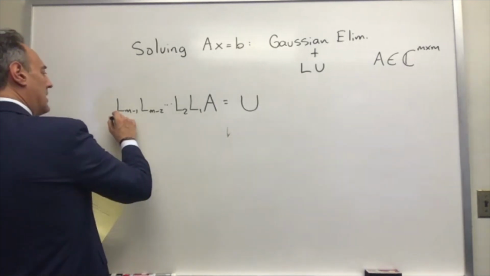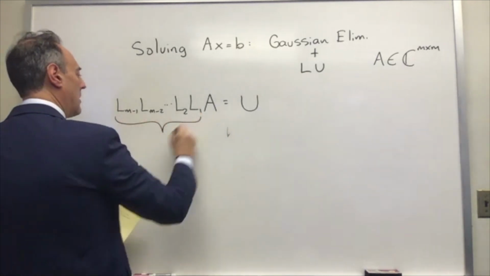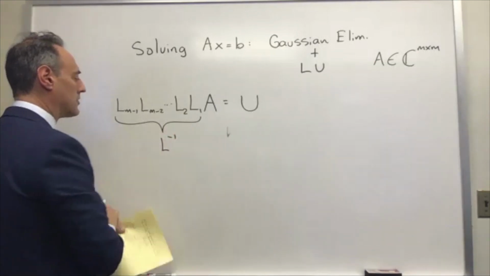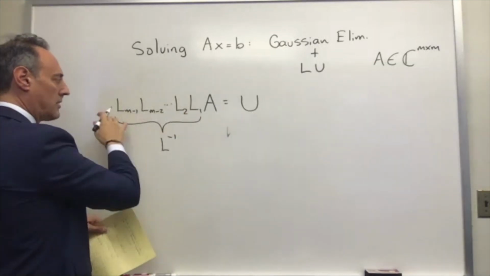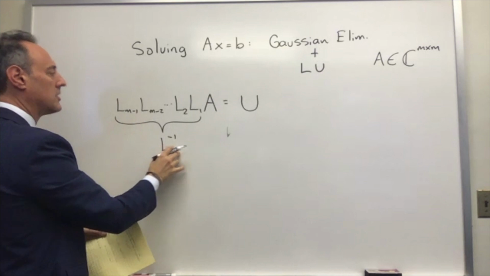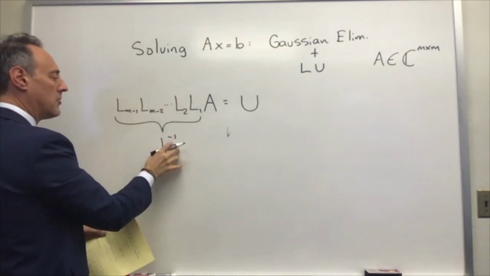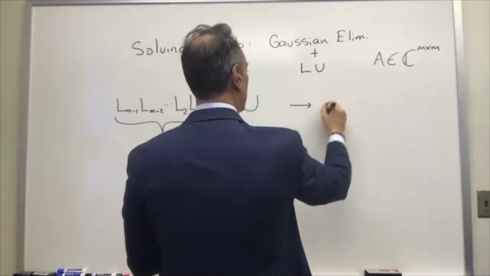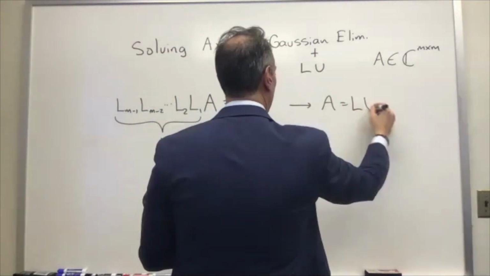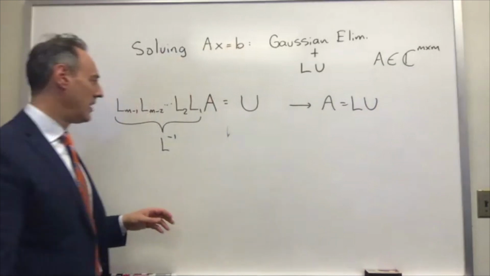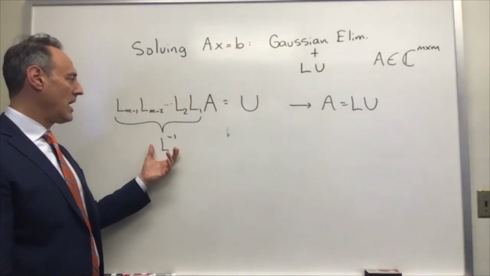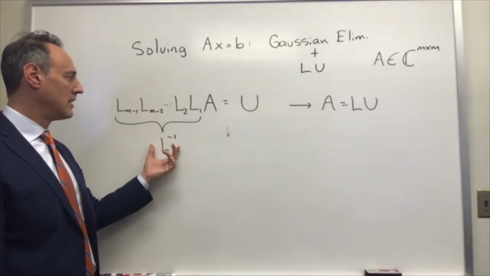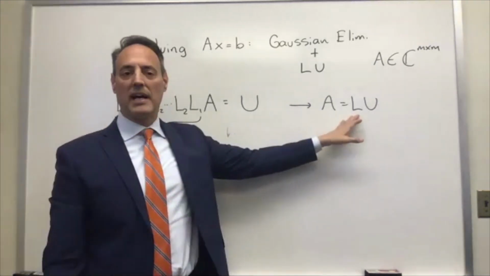What I want to think about is that this matrix here, the product of all these matrices, I'll call L inverse. If I can compute this, then I can invert it to give me A = LU. So I would love to figure out a way that when I invert this, I produce a lower triangular matrix.